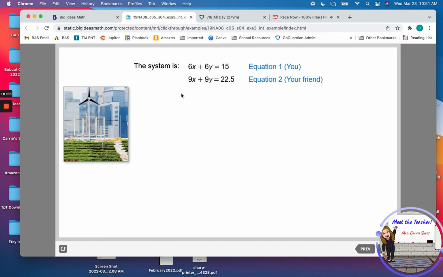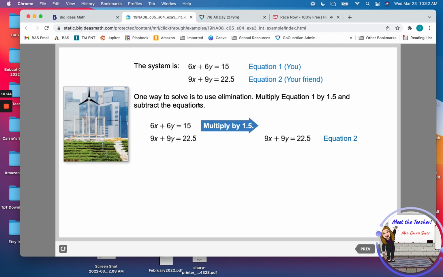1.5. There we go. Yeah. So if you multiply times 1.5, then a negative 1.5, then everything on top would become the same. So we get negative 9x plus negative 9y equals negative 22.50, and then you add them and you get 0 equals 0.